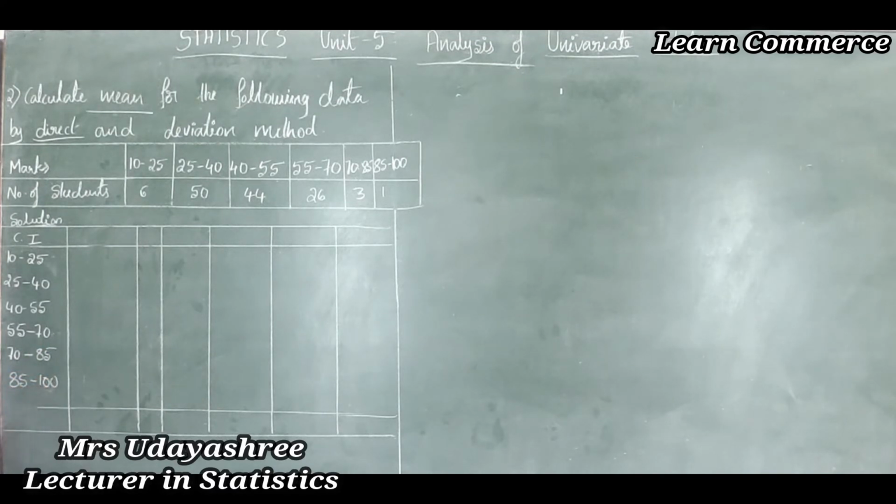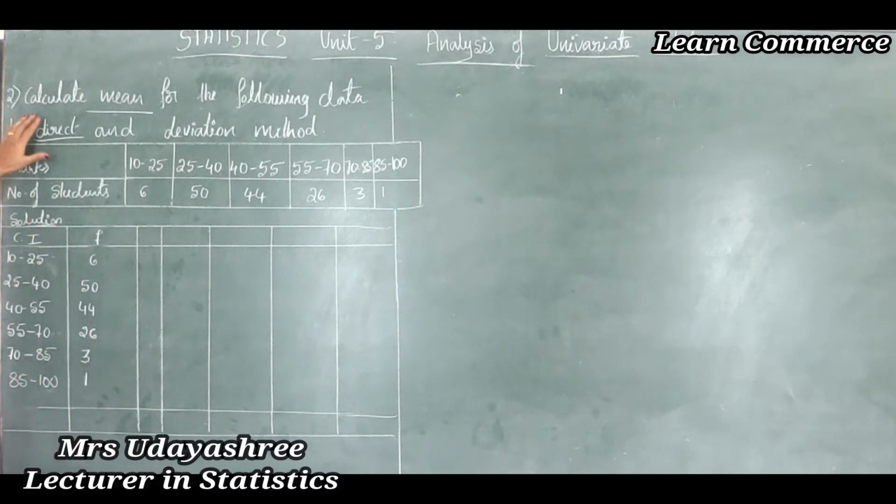So these are class intervals. Number of students are the frequencies. The corresponding frequencies are 6, 50, 44, 26, 3 and 1.